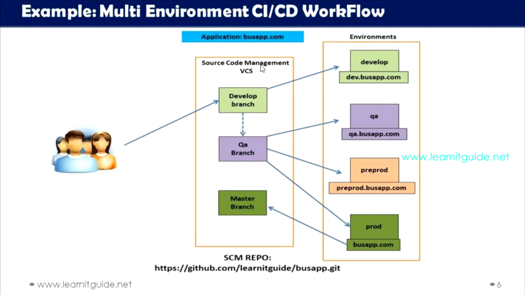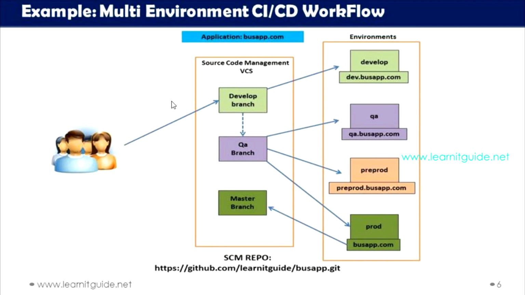After completing the testing of the QA environment, based on your project, you may have only one branch like QA that can be deployed to QA, pre-prod, and prod. On some projects, you may have a dedicated branch for pre-prod and prod as well. Here we have only one QA branch that is deployed to QA. After finishing the testing, the same code from QA will be deployed to pre-prod.